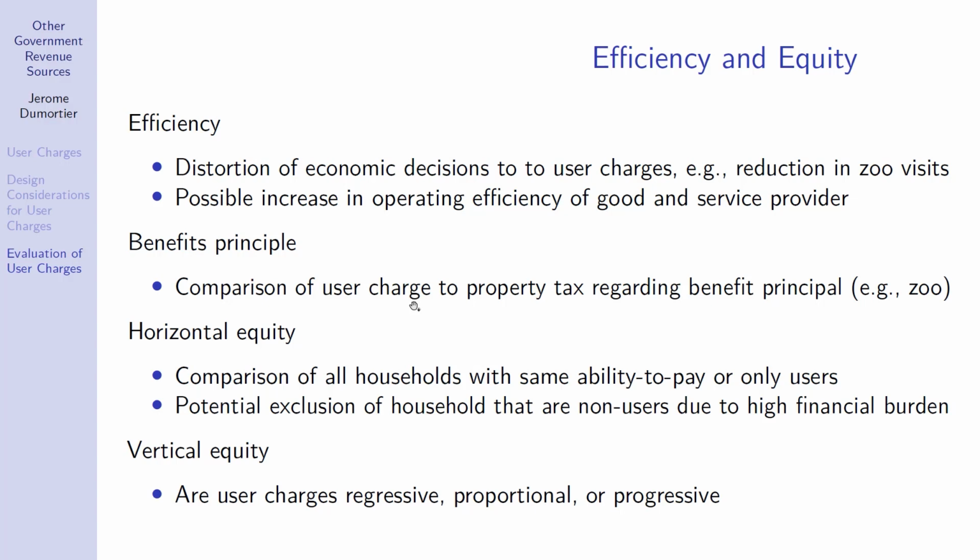We talked about bridges and tunnels before that could be subject to user charges. This would be an example of the benefits principle, in the sense that only those households that are actually using the bridge or the tunnel are subject to the user charge.